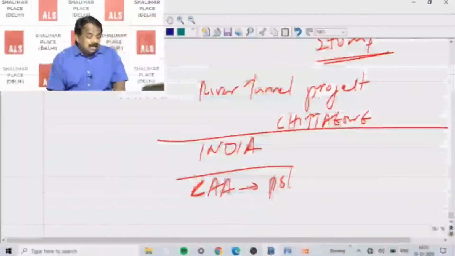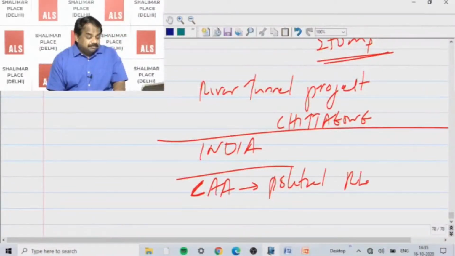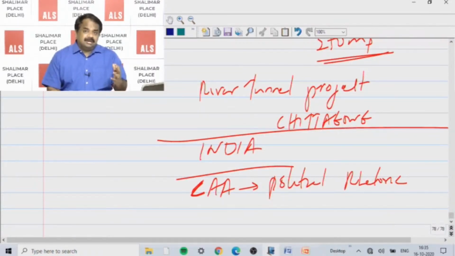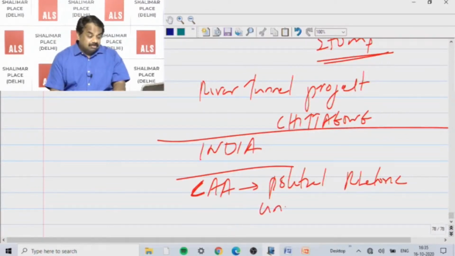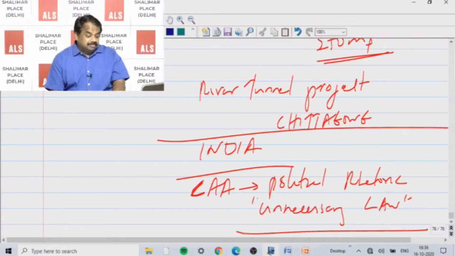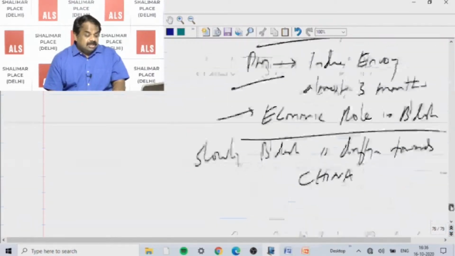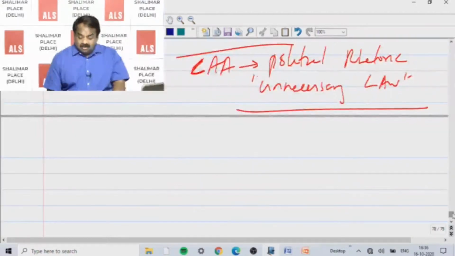So what has happened is the Citizenship Amendment Act and the political rhetoric in India have created a lot of ill will in Bangladesh, and even Sheikh Hasina said that it is an unnecessary law. Her reaction was that it is an unnecessary law.